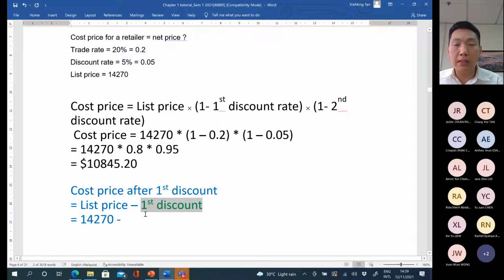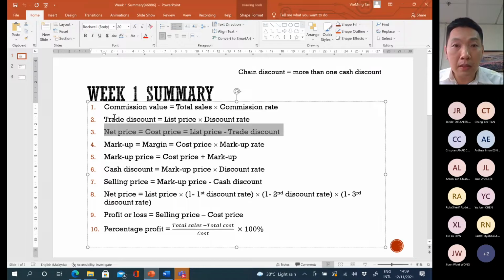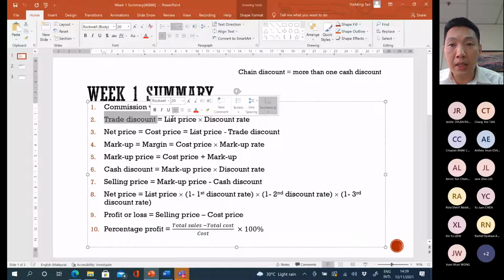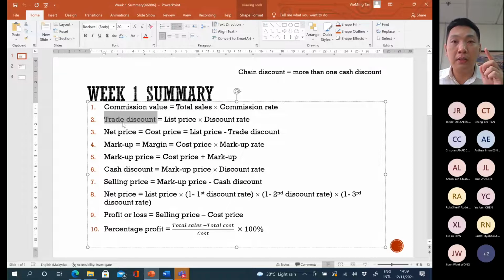This is in dollar value, so how to calculate the discount in value? You have to use this formula. If you want to calculate the discount in value, you have to use list price multiplied by the first discount rate, in order to get the first discount value.